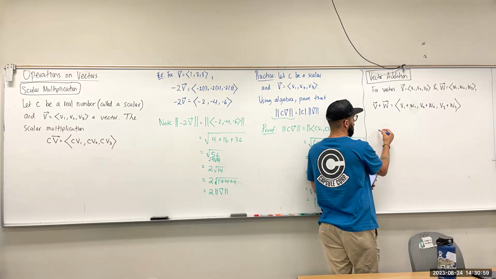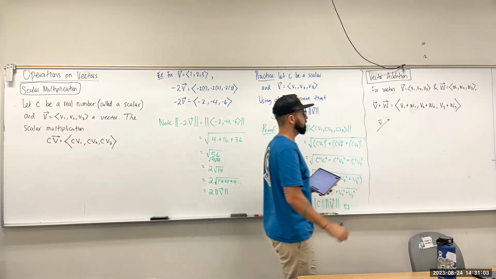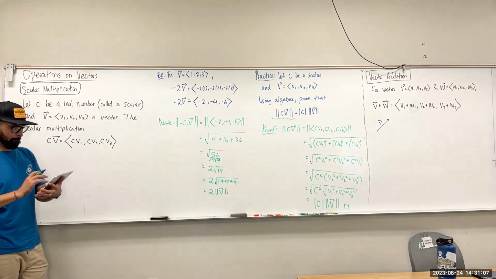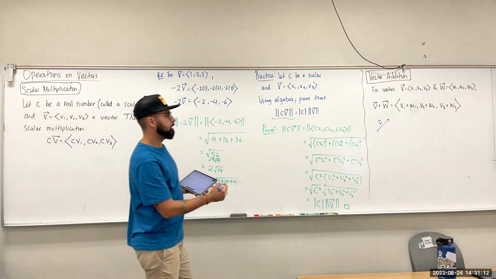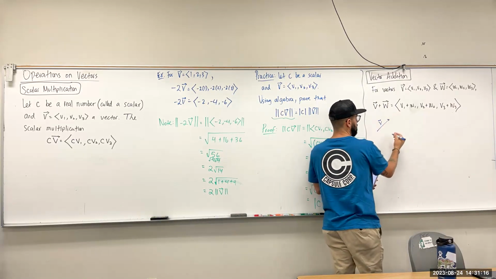So visually, if I have V like this, let me slow down. Let's say V has this magnitude, and it points kind of diagonally up.